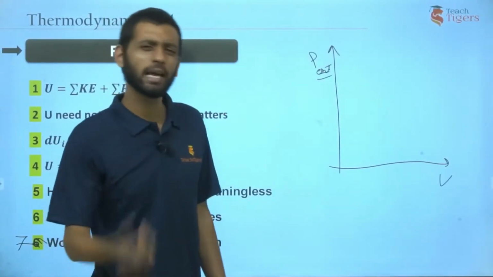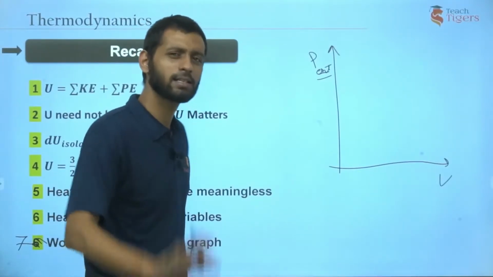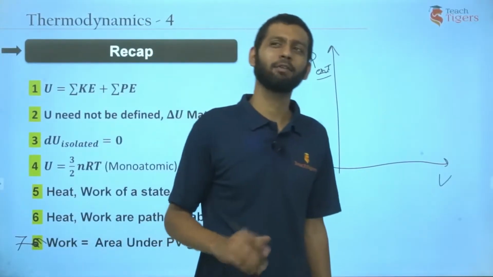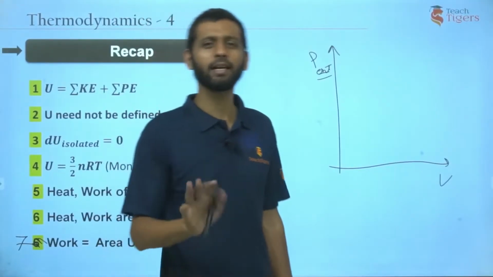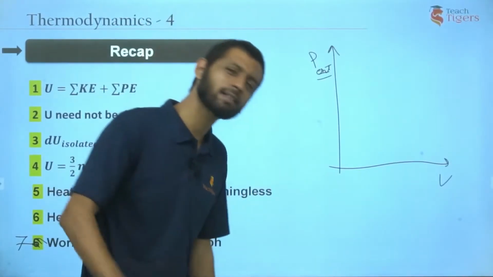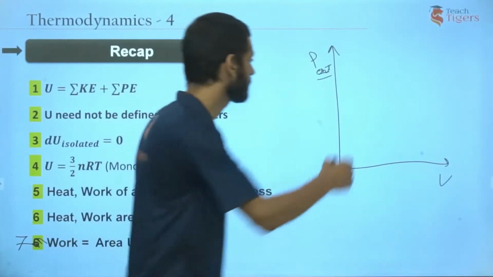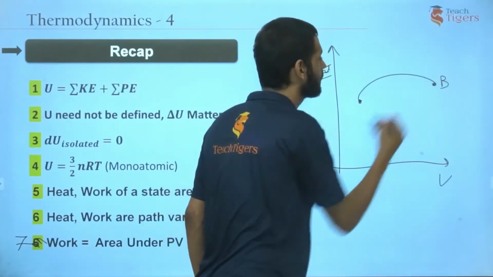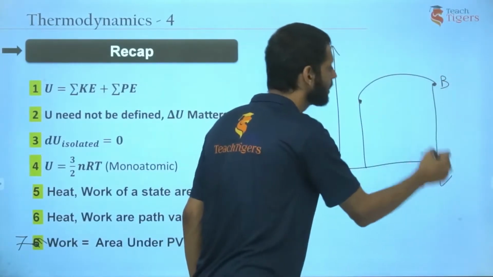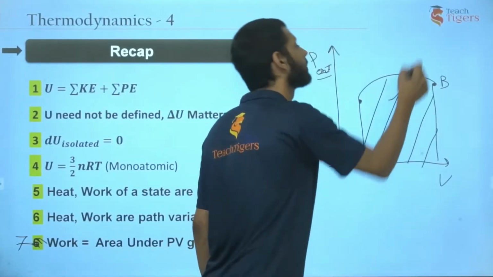It does not matter, and we will come across this point in the upcoming lectures. It doesn't matter in class 11th and 12th whether this is external pressure or internal pressure. If we are going from state A to state B, then work done is given by the area under this graph. Work done is given by this area.